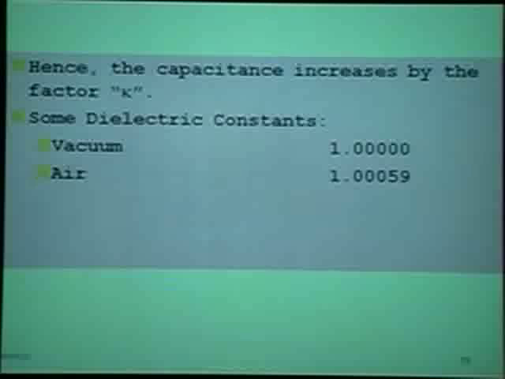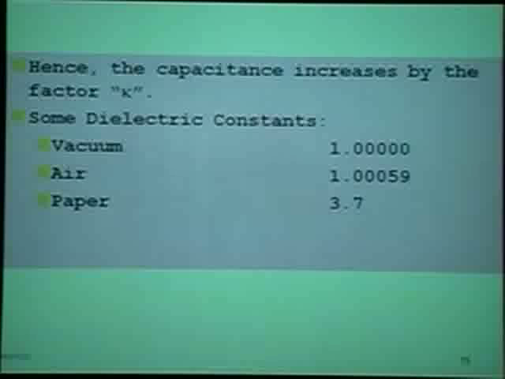Air is 1.00059, so basically it's almost the same as vacuum for all practical purposes. So those dielectric constants do not increase the permittivity beyond the permittivity of free space, which they shouldn't.